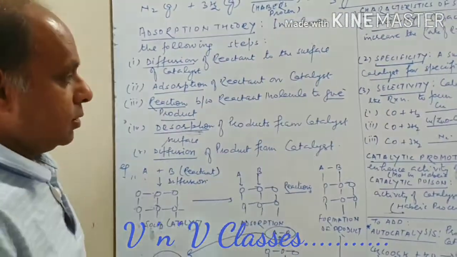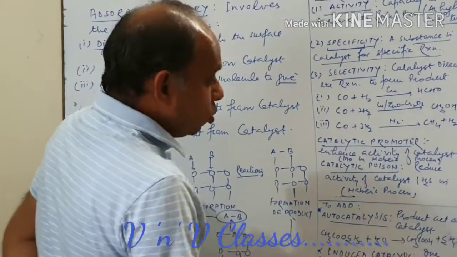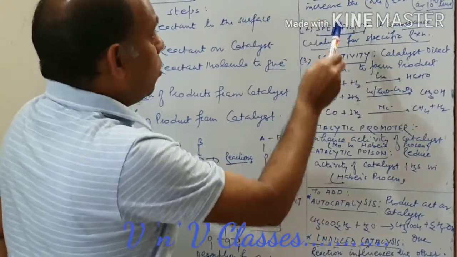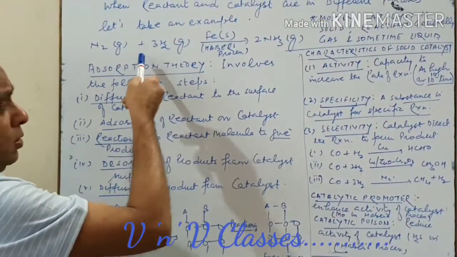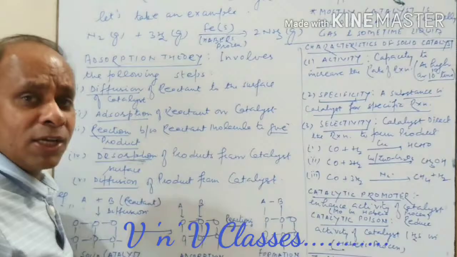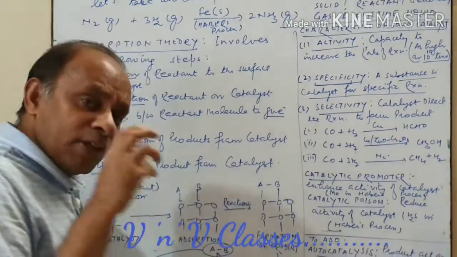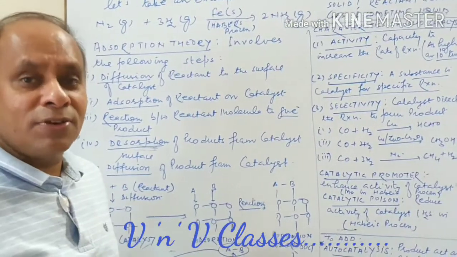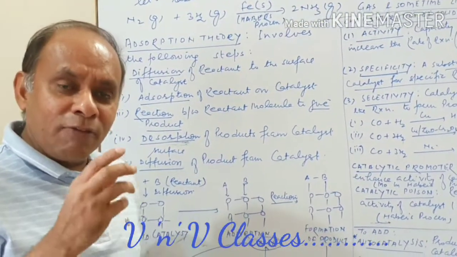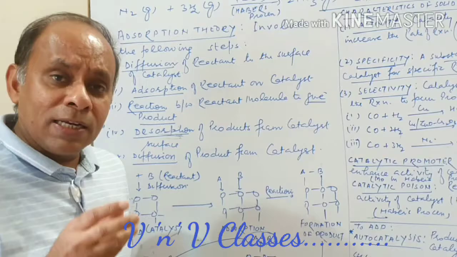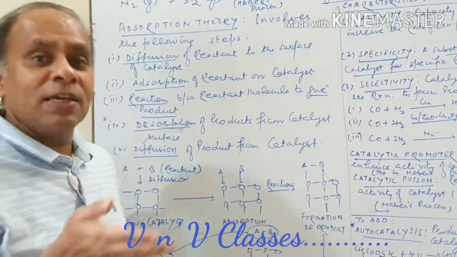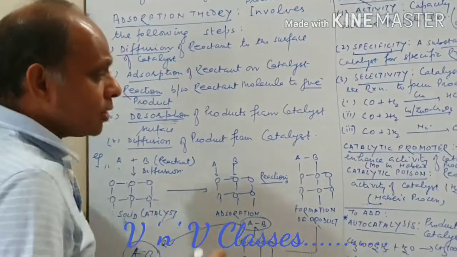Now what next? Something more to know. No doubt, the catalyst is increasing the rate of reaction. But my dear, there are certain substances which affect the catalyst. Interesting. Catalysts affect the reaction, and there are certain substances which affect the catalyst. And these are 2 substances.